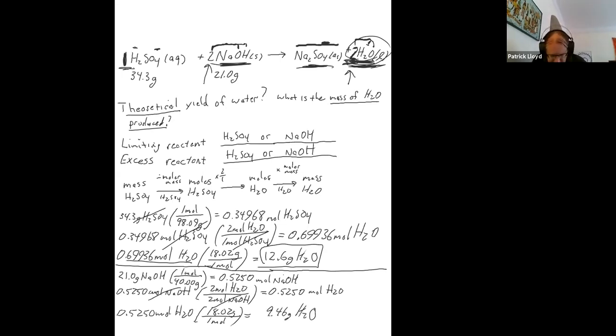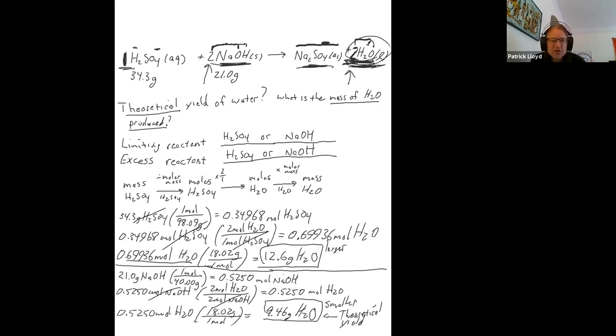I rounded it to 3 significant digits. You got a smaller number, right? This one's smaller. This one's larger. So that means this is the answer. This is the theoretical yield. The theoretical yield is 9.46 grams.